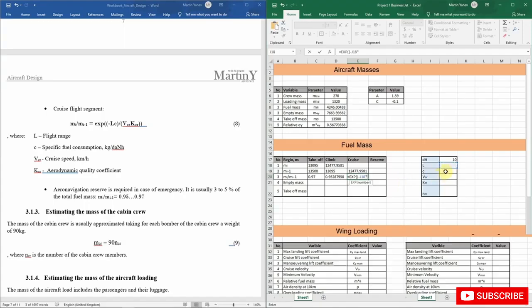Multiplied by C. Let's close the bracket, and this will be divided. So the L is the flight range, and the C is the specific fuel consumption of the engine, which we already took from our statistical analysis for the engines that we are actually going to be using. So we divide this by the cruise speed, which I'm going to put here, multiplied by the aerodynamic quality coefficient.